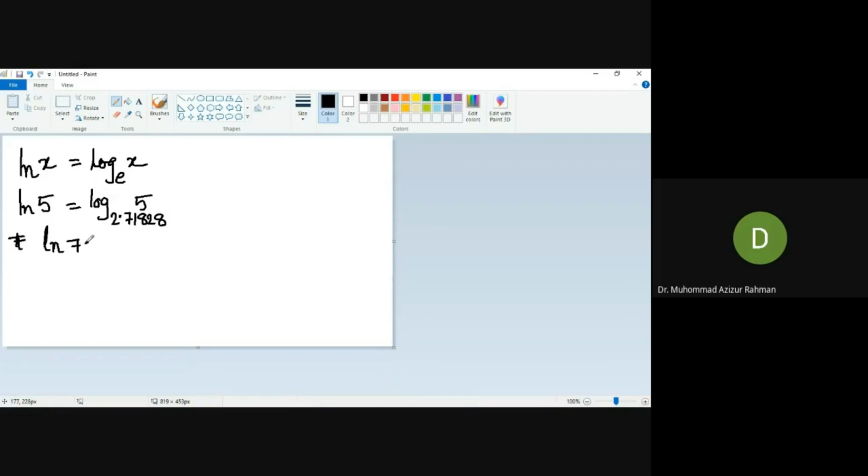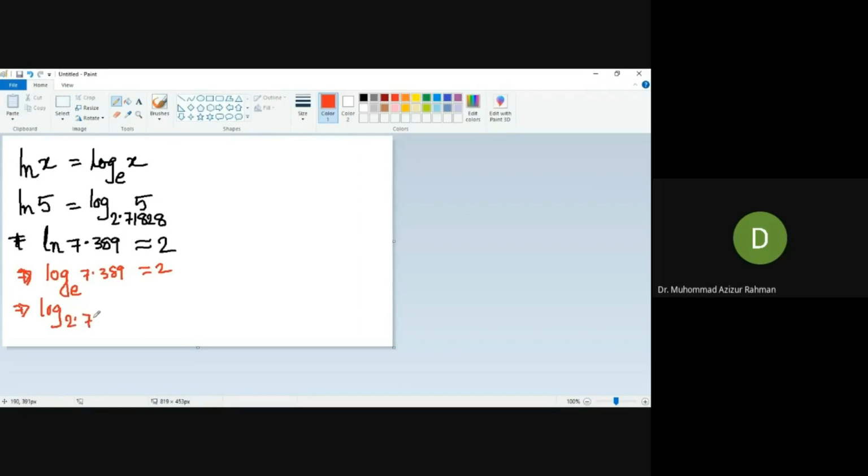That means log base e, where the value of e is 2.71828, of 7.389 equals 2.